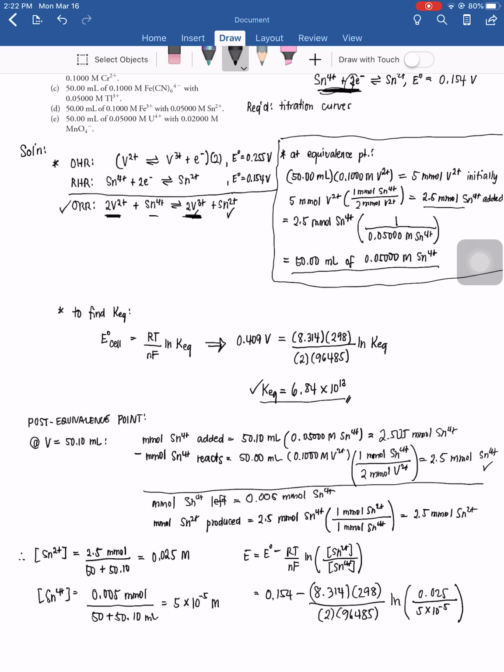So let me just input it all. That's 0.025 divided by 5e negative 5.